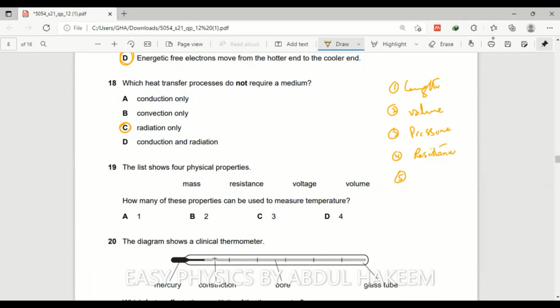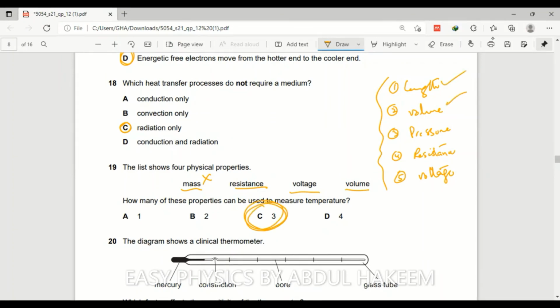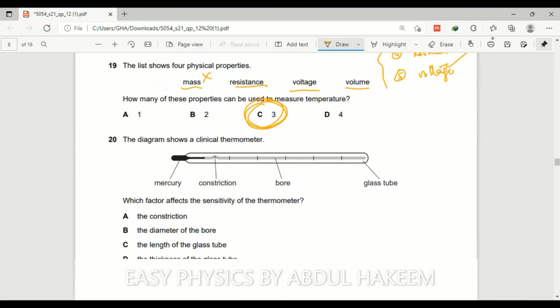And number 5, voltage or EMF. So these are in our syllabus. Now, mass is not listed in these 5. Resistance is there, voltage is there, volume is there. So they are 3 in number. So C is the option. So do remember, length, volume, pressure, resistance, voltage, these physical properties are used for the measurement of temperature.